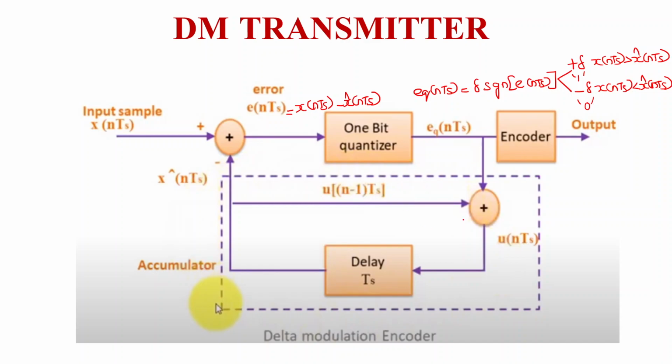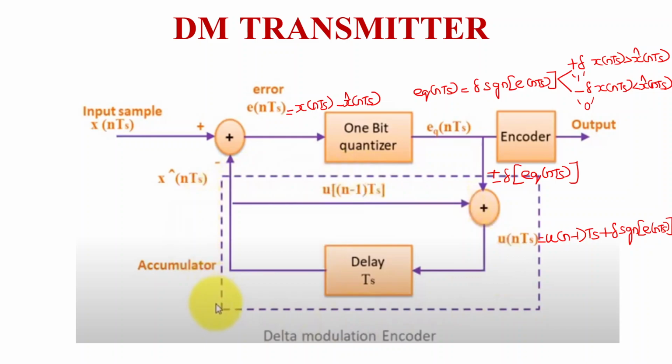The summer in the accumulator block adds this 1 bit quantizer output, that is plus or minus delta, that is nothing but the output eq of nTs, to the previous sample approximation. Thereby u of nTs can be written as u of (n minus 1)Ts plus delta sgn of e of nTs.